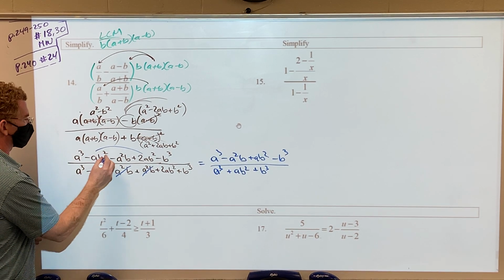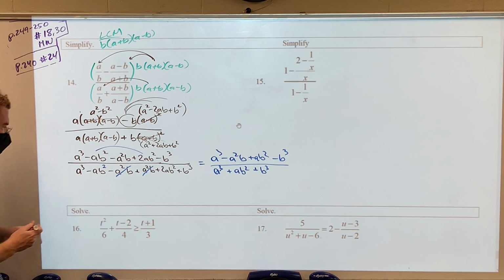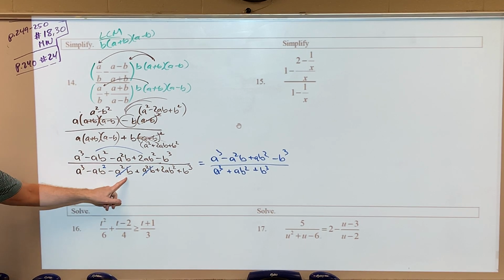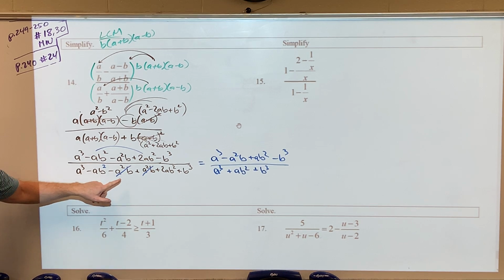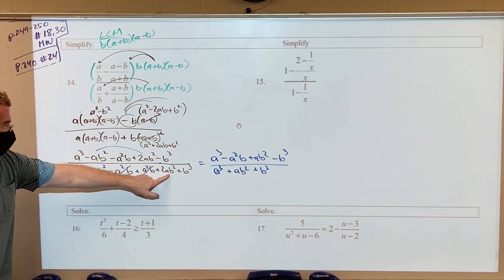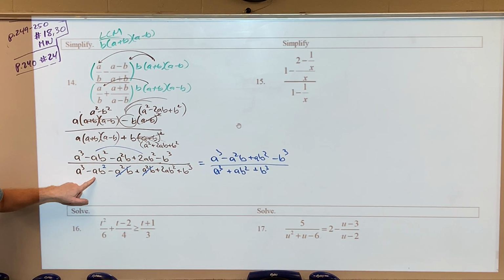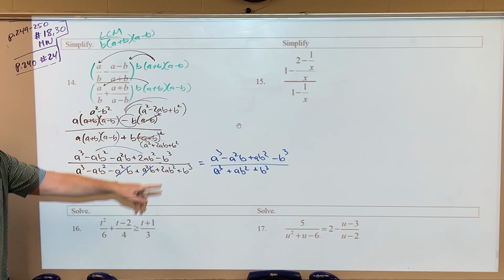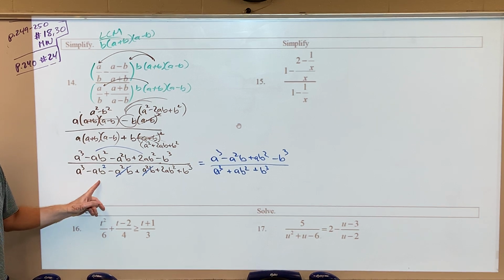Oh, sorry, I miscopied that. So that and that, sorry, I got an AB squared. No, I didn't do the math wrong. I mean, that number was wrong, but I actually did the math right. Are y'all with me? Do you see a mistake on this?